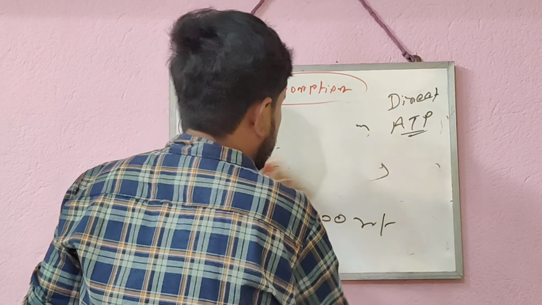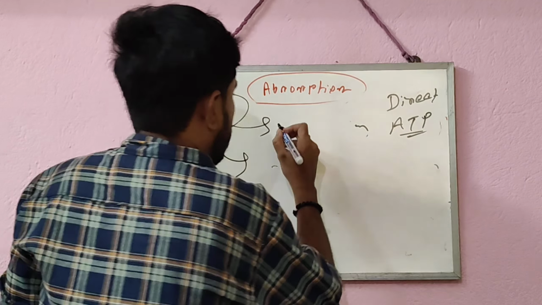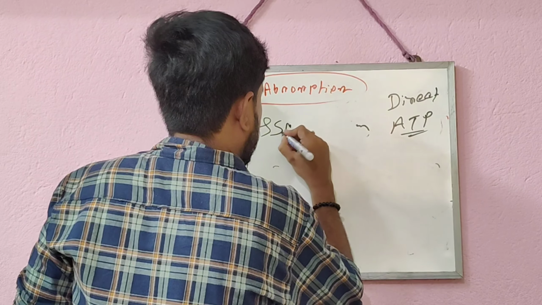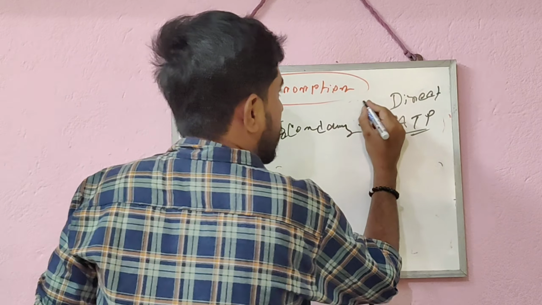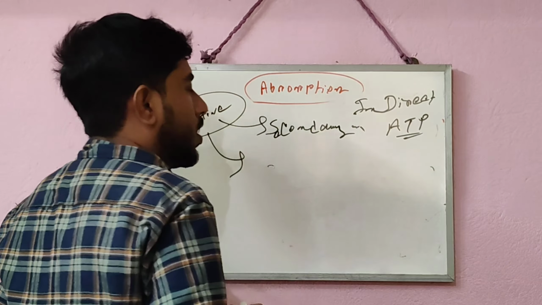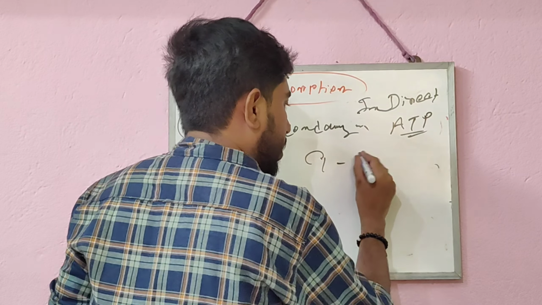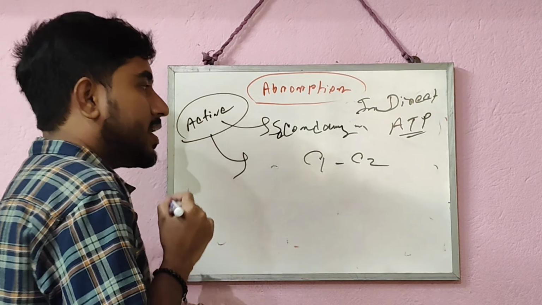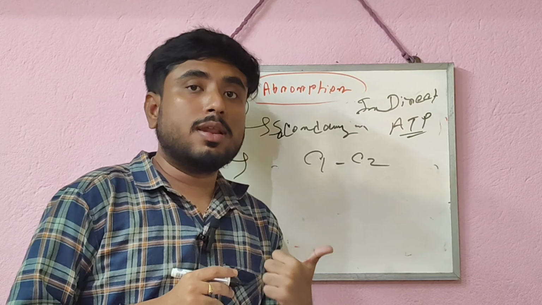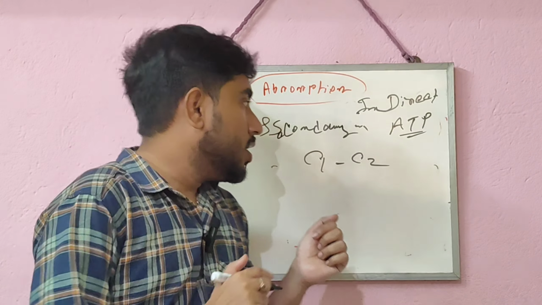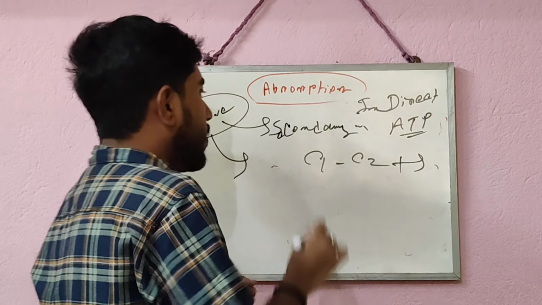So now I am going to discuss secondary. Here no direct ATP is required because they generally take advantage of the previous concentration gradient. The difference between primary and secondary is that primary is unidirectional, meaning the molecule or ion flows in one direction.